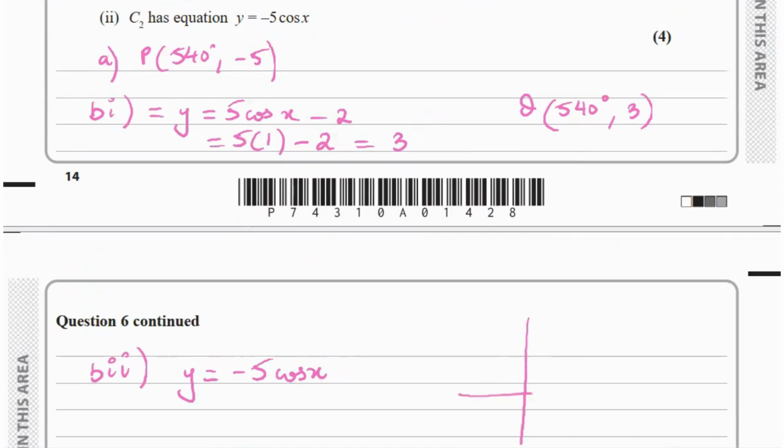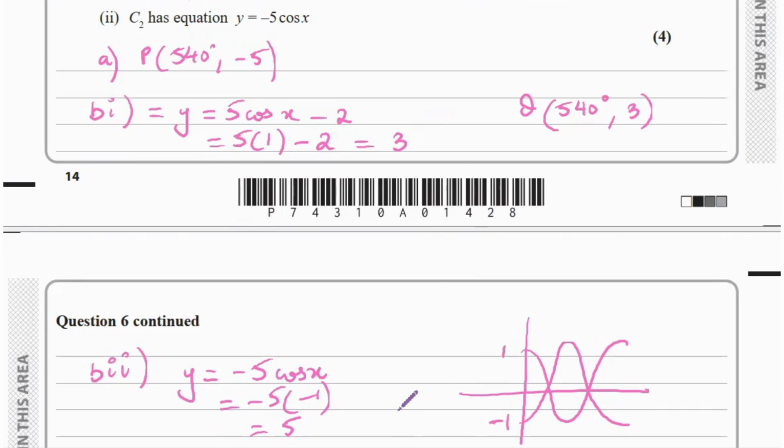Originally, if I draw the graph, this is 1, this is -1. First, I flip it, so it's going to be like this. So maximum value, which is originally 1, now it's -1. So I'm going to do -5 times -1, and that's +5. This is your y coordinate.